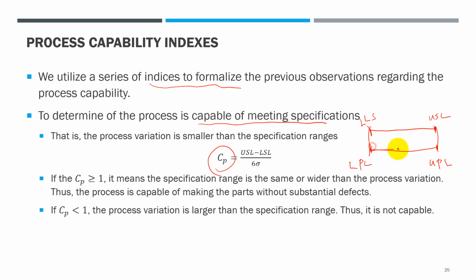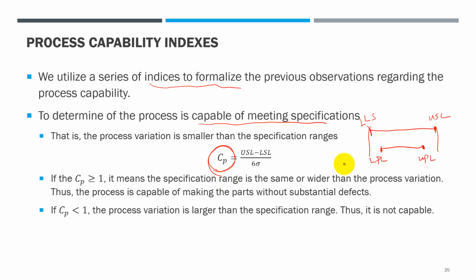If these two overlap perfectly, you'll end up getting a CP that is exactly 1. But even better, if your lower process limit and upper process limit are even narrower than the specification limit, you end up getting a CP that is larger than 1, which is very preferable.